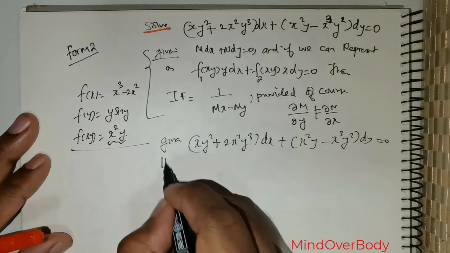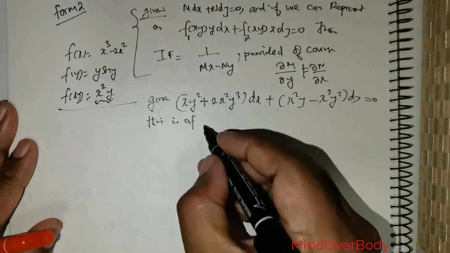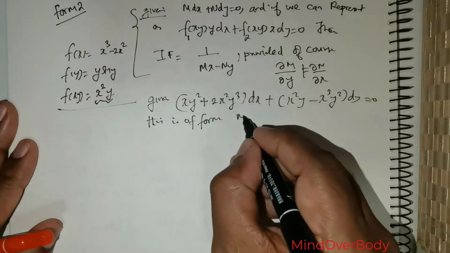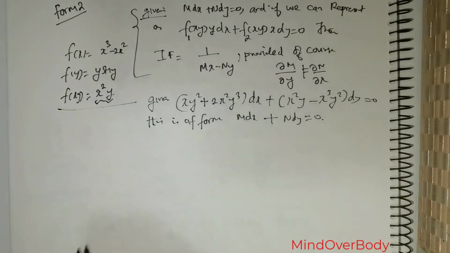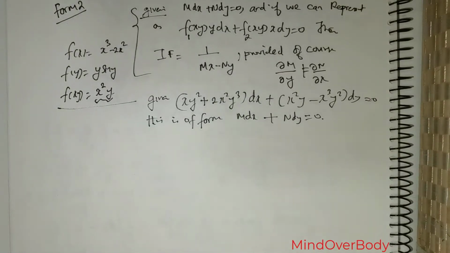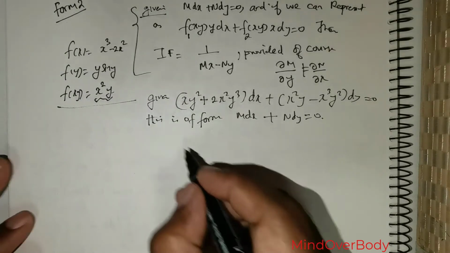This is given. Now this is of the form m dx plus n dy is equal to 0.